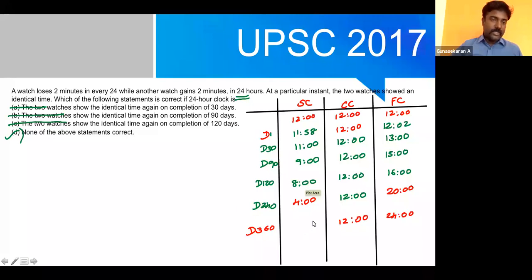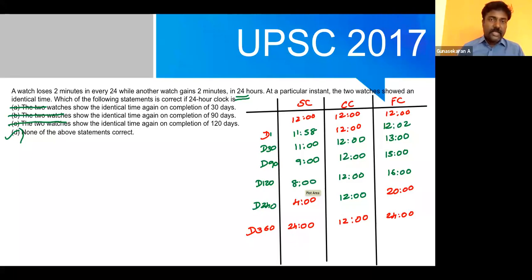All 12 is not possible, Suresh. It's a 24 hours clock. Wrong answer. There is no 0 clock, Siddharth. After 11:59, we are not going to say 0 time. It is 12 o'clock only. Understand? In a 12 hours clock, 12 o'clock will come. In a 24 hours clock, 24 will come, not 0.